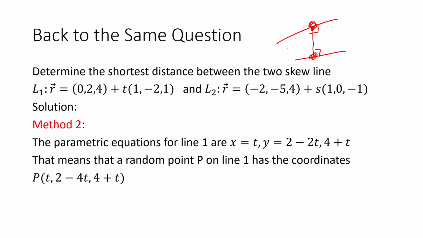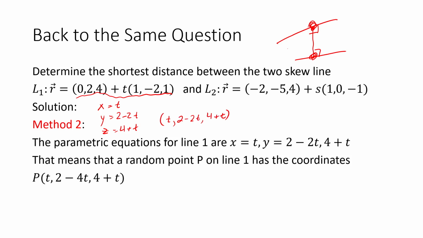So what we're going to do in the second example is the following. First, we're going to figure out the parametric equations of that first line. Well, the parametric equations are x = t, y = 2 - 2t, and z = 4 + t. What that means is that every point on that first line has the coordinates (t, 2 - 2t, 4 + t).